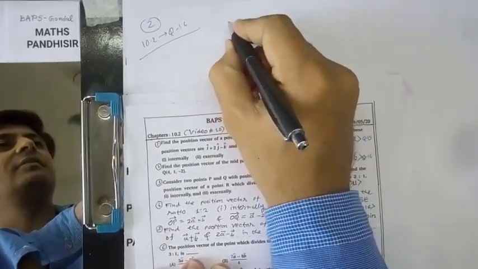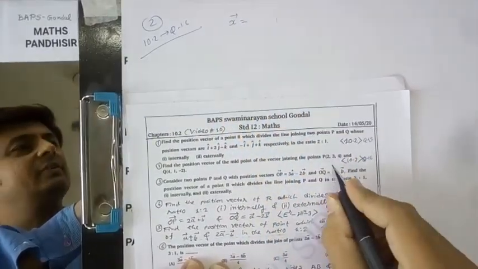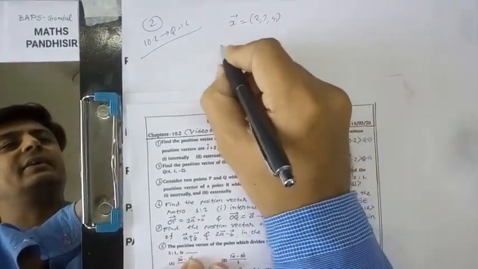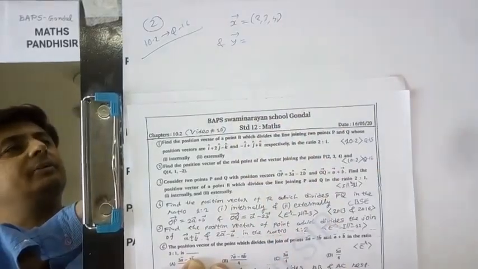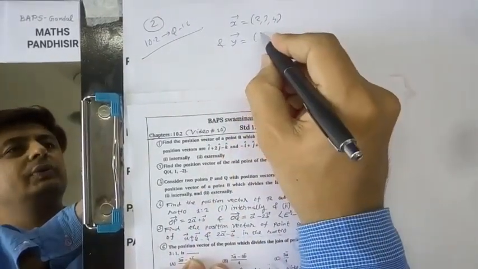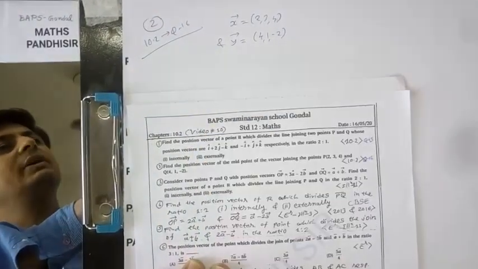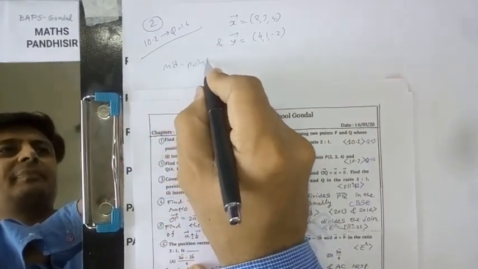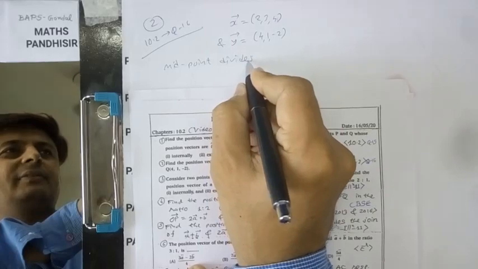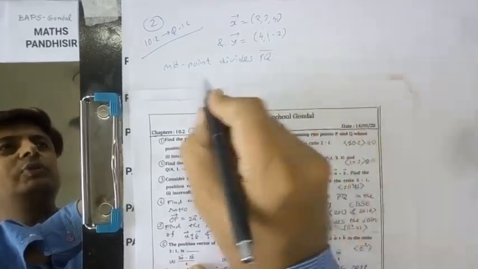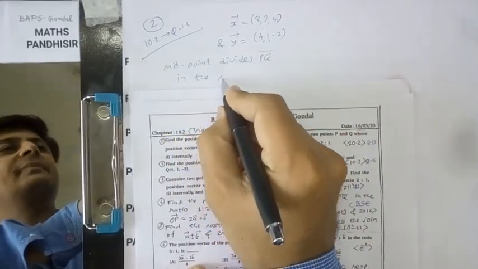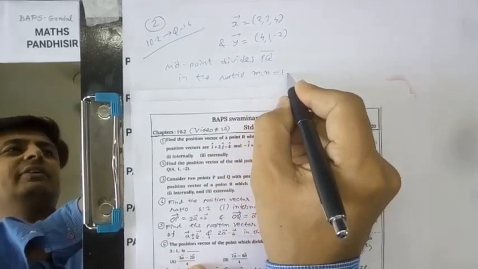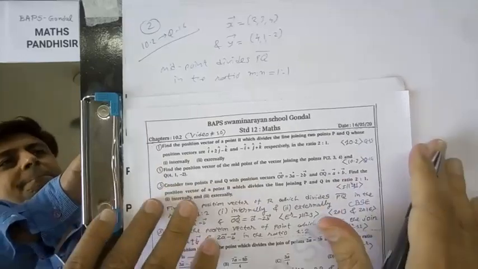So here position vector of P is 2, 3, 4, and position vector of Q is 4, 1, -2, and the midpoint divides line segment PQ in the ratio 1:1. So m/n is 1:1, 1:1.